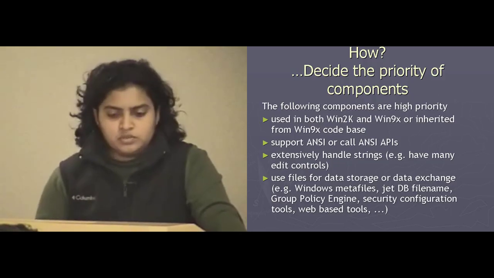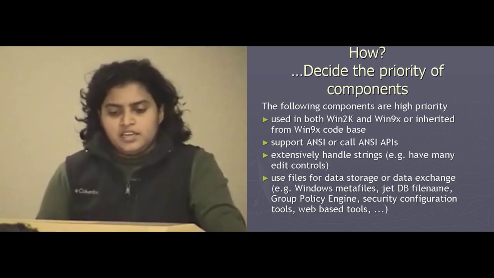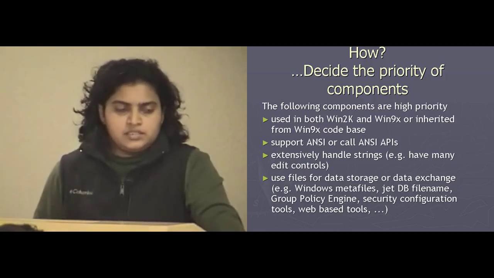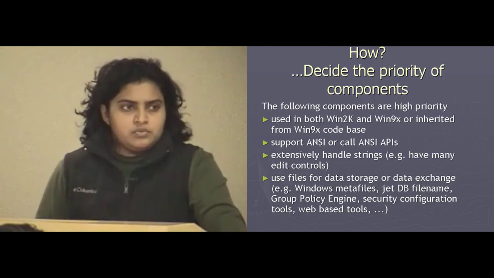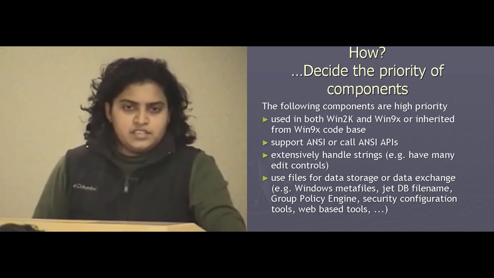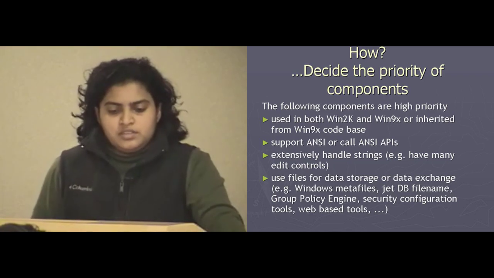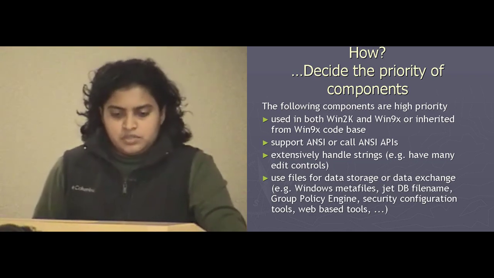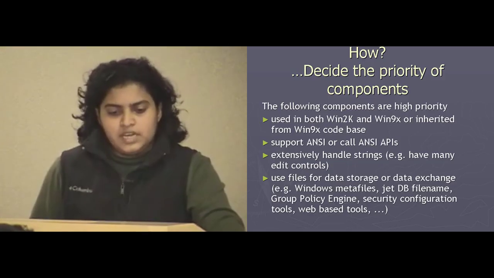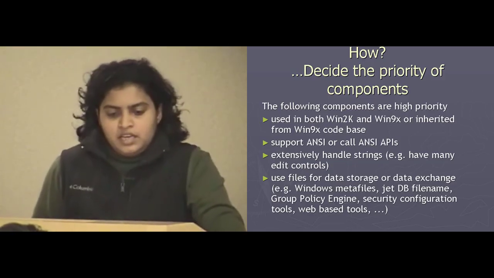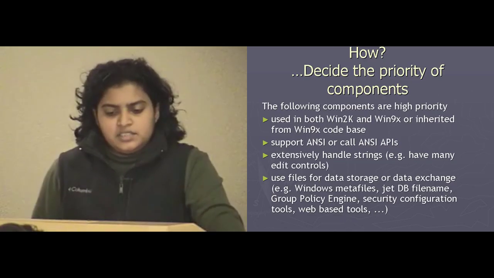The highest priority is given to components that are inherited from the Win9x code base, because Unicode support was not very extensively used in that code base. So if components have been inherited from the Win9x code base, you can be pretty much sure that there might not be enough Unicode support. Then components that use ANSI or call ANSI APIs, components using strings, and components using files for data storage and exchange.